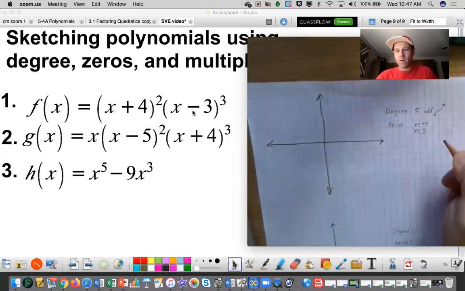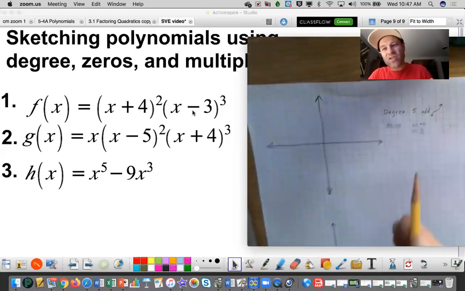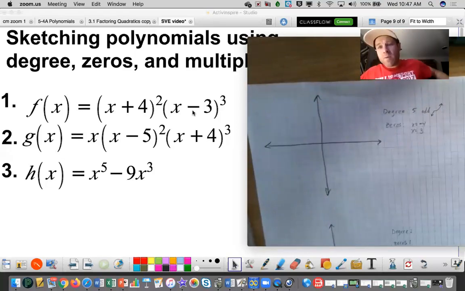Okay, now, since it's degree 5, I know that I can place these zeros and I can sort of sketch my end behavior on each side of the picture, meaning past the 0 that's the furthest to the right, I'm going up. Past the 0 that's the furthest to the left, it should be going down. And that's how we can get the idea of where it's going to turn and how it's going to undulate through this graph.